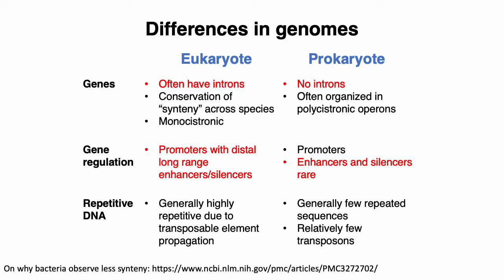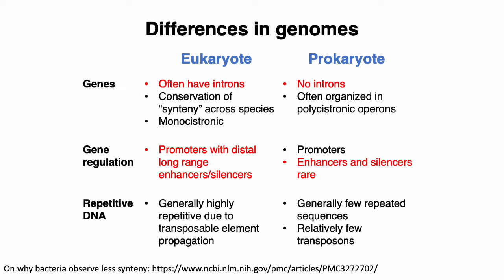That's in contrast to prokaryotic genomes, where genes generally don't have any introns, and oftentimes multiple consecutive genes can get transcribed together. In other words, genes are often organized in polycistronic operons.